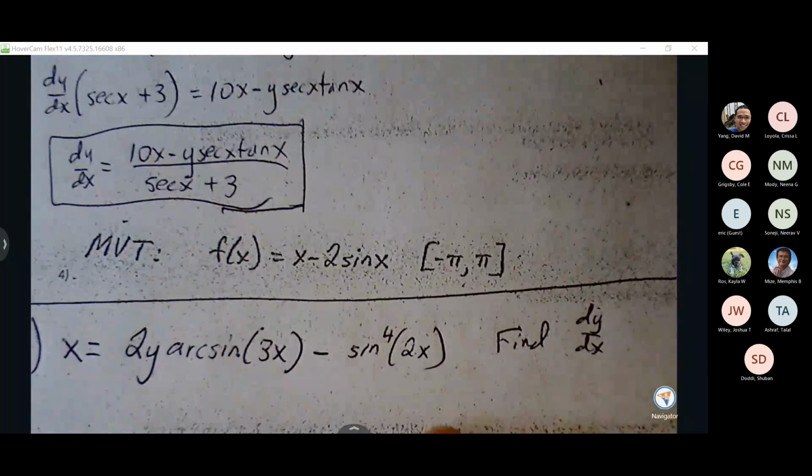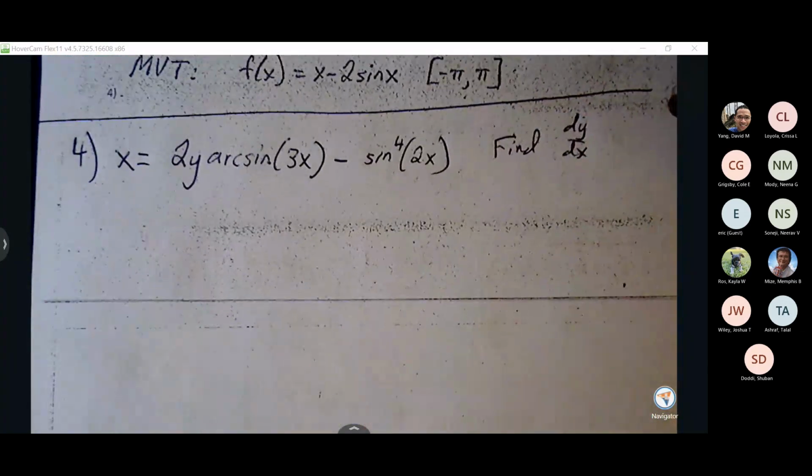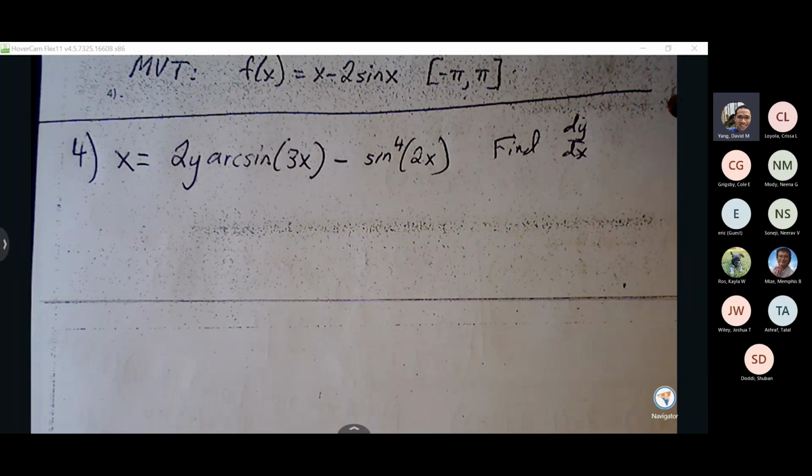That's the bottom one: x equals 2y arc sine 3x minus sine 2x to the 4th. So if you can just copy that problem down, we're going to try this one. I made this for us to try.